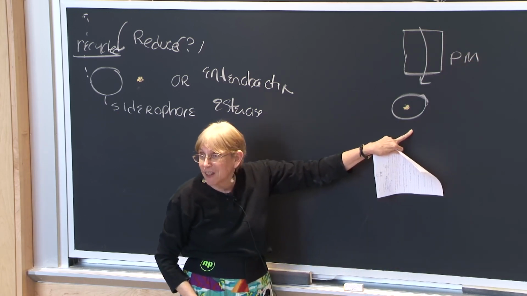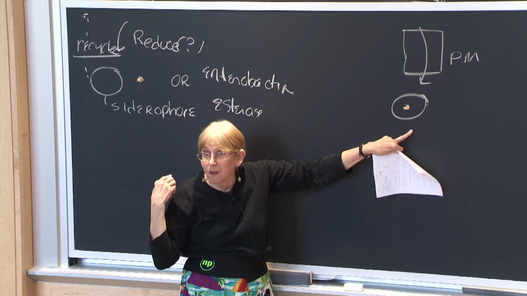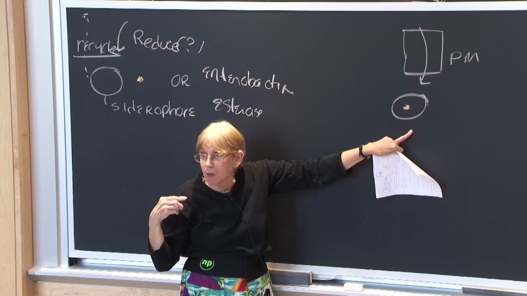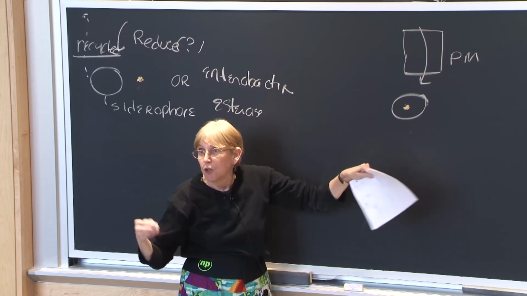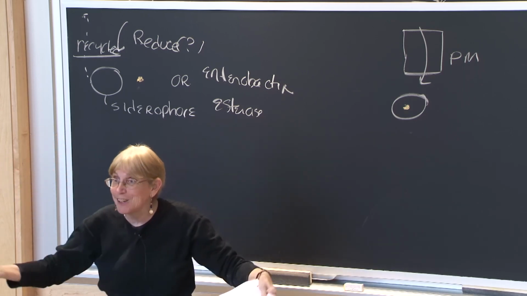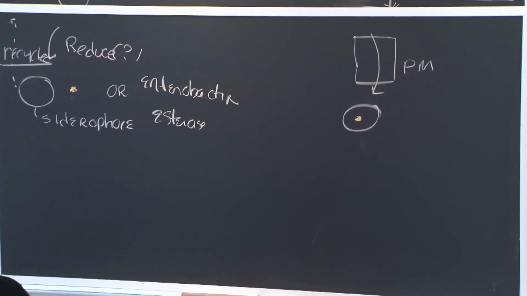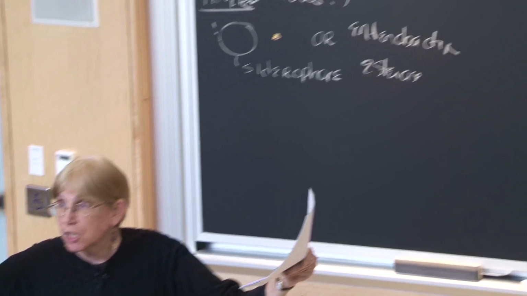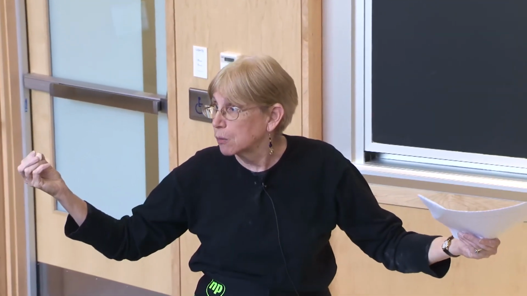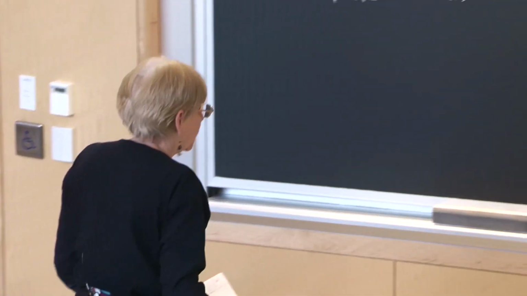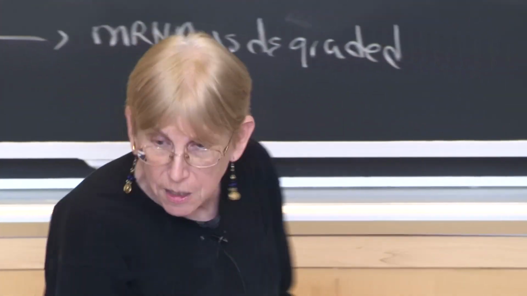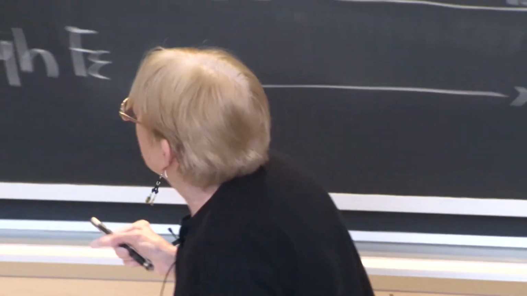You have to get the iron out of the siderophore. And so the problem is exactly the same in gram-negative and gram-positive. So you somehow have to get it in. It's more complicated to get it in with gram-negative because of the different constructions of the peptidoglycans and the outer membrane.